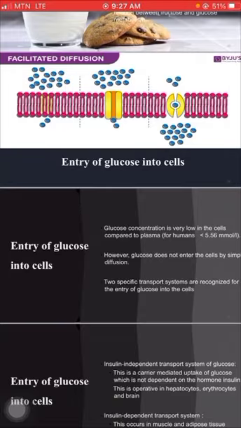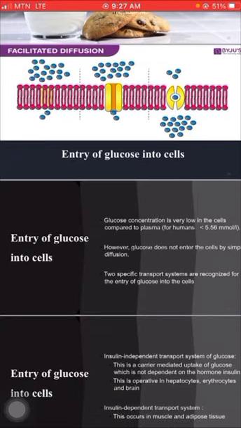So now, let's look at how glucose enters our cells. You see, the plasma, which is the blood, and the cell, they all have glucose molecules.